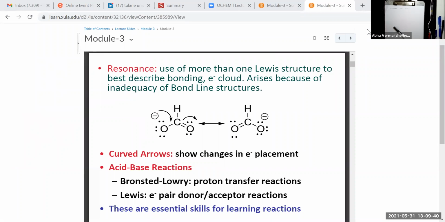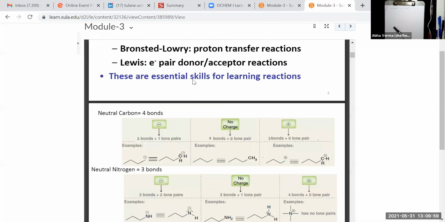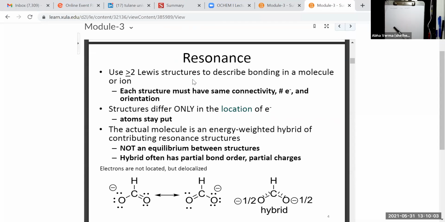So the question is, when does resonance occur and why does resonance occur? To describe bonding, when you have more than one Lewis structure, that's what resonance is. When does resonance arise? Most of the time. And why is that?